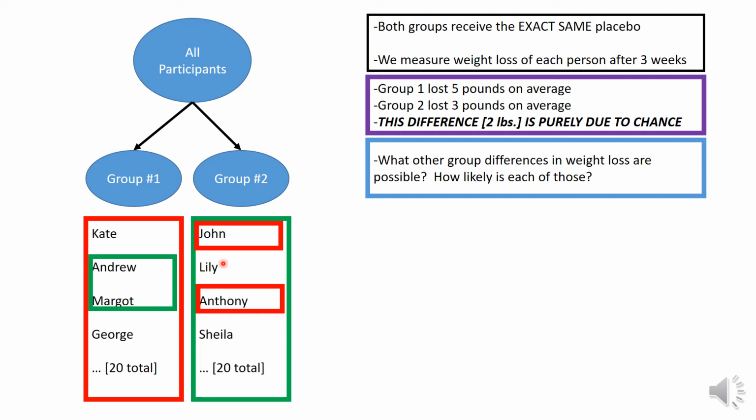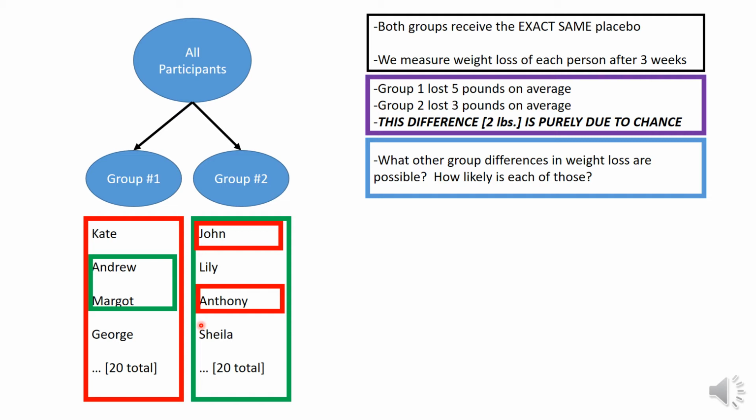Why am I allowed to do this? Well, think about it. If there is no difference between the treatment of these two people, if the treatment given to the individuals in group 1 had the exact same effect as the treatment given to the individuals in group 2, then any other division of these people into the two groups makes no difference.